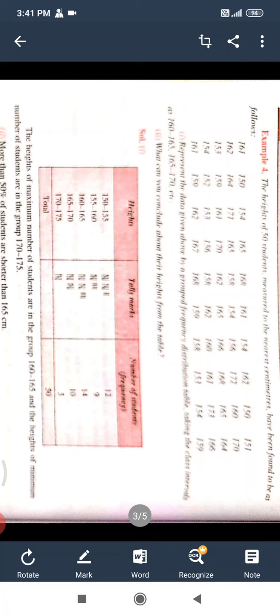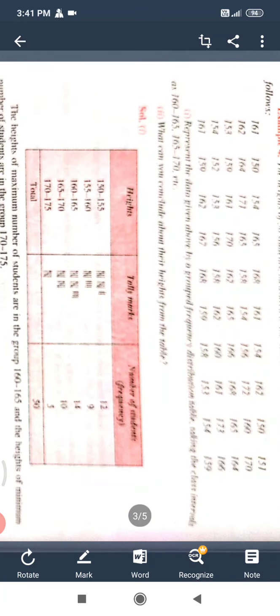The height of 50 students measured in the classes is given as follows. Here 40 students' height is given. So what we have to do is represent data by using the class. Which class? 160 to 165, 165 to 170, using these classes, and make a frequency distribution table.